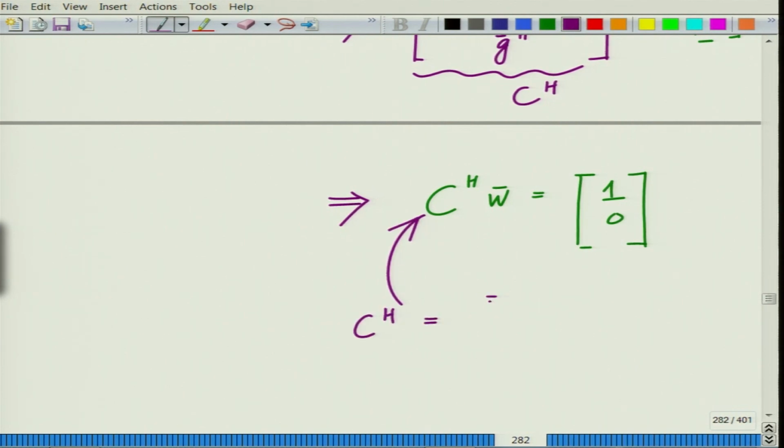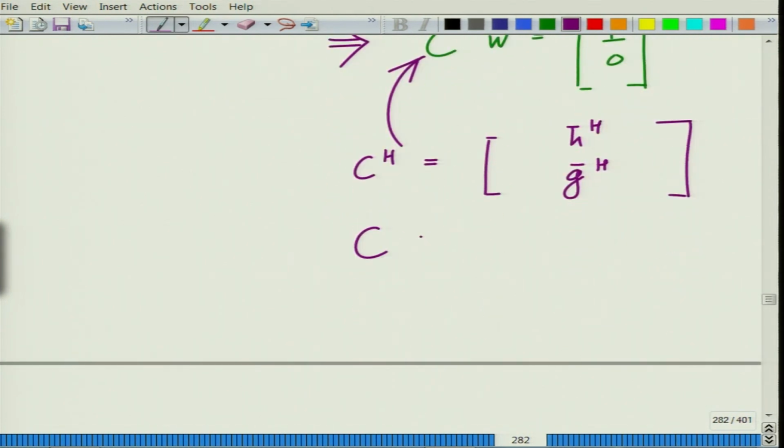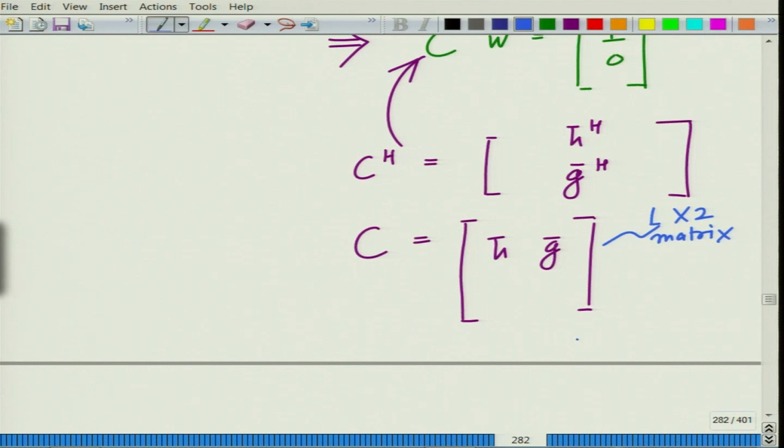What is the matrix C? C Hermitian, remember, is h bar Hermitian, g bar Hermitian, which implies the matrix C is the channel vector of the desired user and the channel vector of the interfering user. So, this is going to be a matrix of size L cross 2.